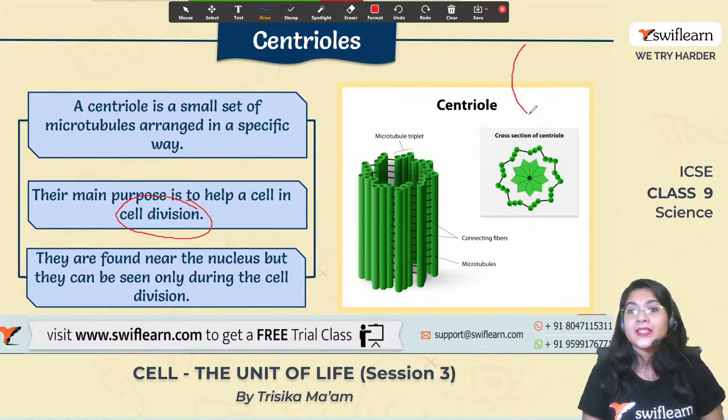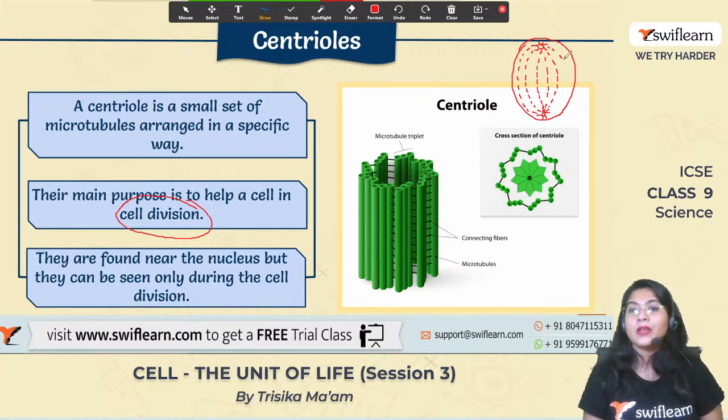So let me just give you one structure of the cell during cell division. Let this be the cell, and the centrioles go to the two poles of the cell during cell division, and they form the spindle rays.